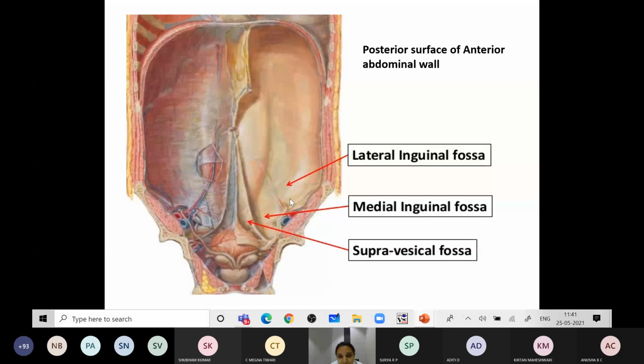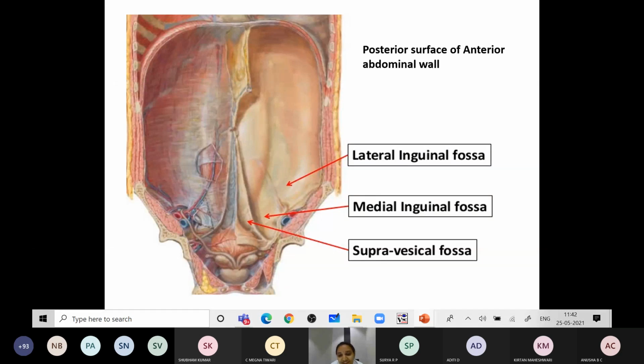What is Hasselbach's triangle? Does anybody know? What is Hasselbach's triangle and why am I asking here? You might be thinking. We have already learnt about the anterior abdominal wall and the inguinal canal.